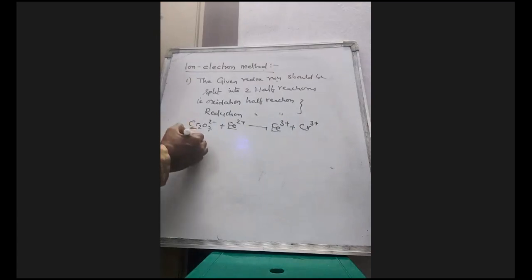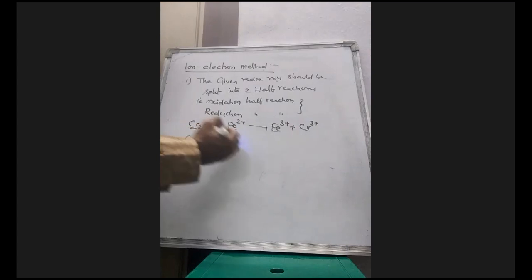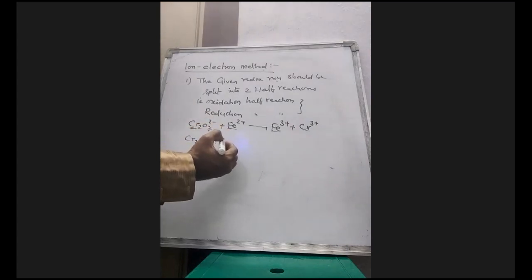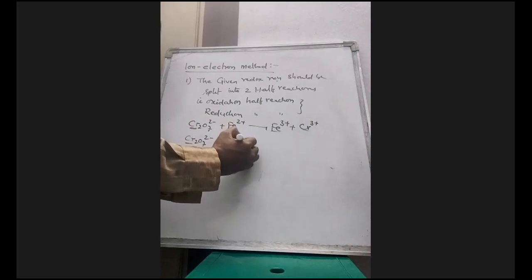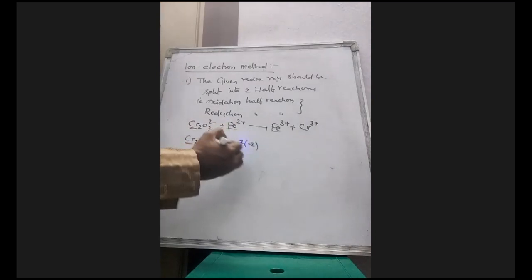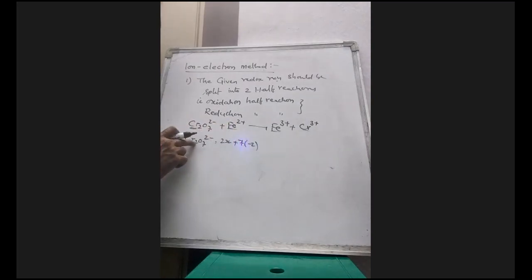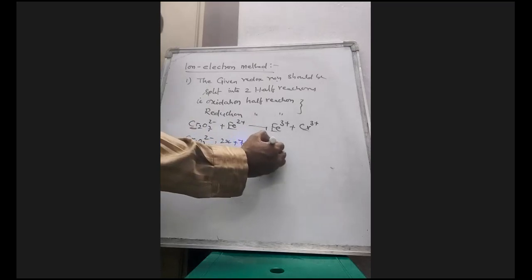Now, what is the oxidation state of chromium in dichromate? In my previous video, I discussed how to determine the oxidation state. Assume the oxidation state of chromium is x. Because two chromiums are there, it is 2x, plus 7 oxygens, and the oxidation state of each oxygen is -2.